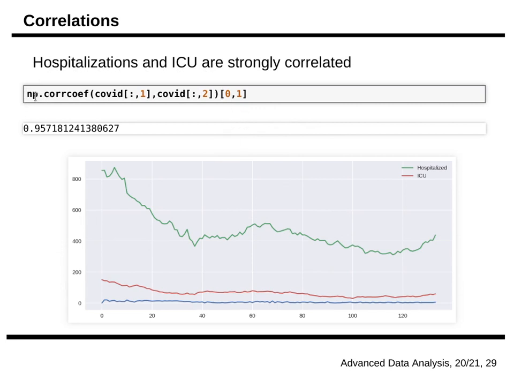The result of the correlation coefficient is a matrix, and we want the cell in the first row, second column, and this gives us the correlation coefficient. So when we compare hospitalizations with intensive care units, we see that the correlation is very high, 0.96 between these two, hospitalizations and ICU. There is a glitch there. Probably I forgot to call figure, but it's this one, the green and the red in this case.